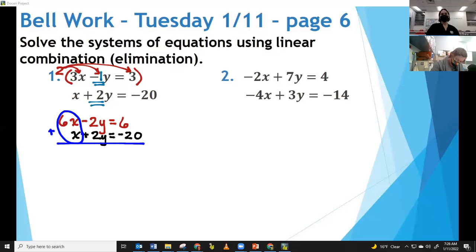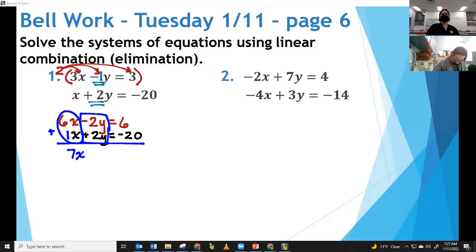Remember, that's a 1x on the bottom. What is 6x plus 1x? 7x, thank you. And then right here, -2 plus 2. I know it has the y's with it, but remember, when we're adding and subtracting things, we're only worried about those coefficients. What is -2 plus 2? 0.